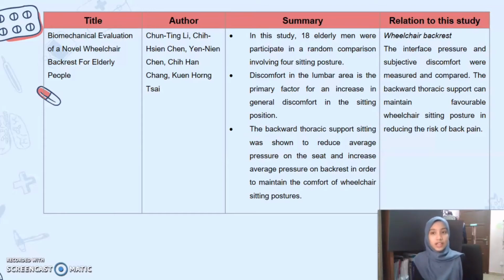So, what is the relation of the study to this literature review? The interface pressure and subjective discomfort were measured and compared, and the backward thoracic support can maintain a favorable wheelchair sitting posture, reducing the risk of back pain.